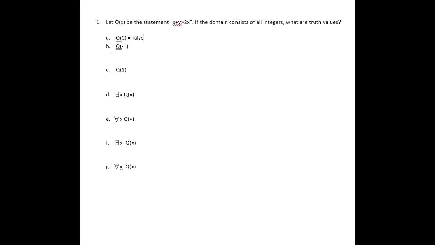Then next is for letter B, which is ang ato ang x is negative 1. So ako ang answer is also false. If ato apod niyo siyang i-substitute where x is negative 1, tapos y is greater than 2 times negative 1.